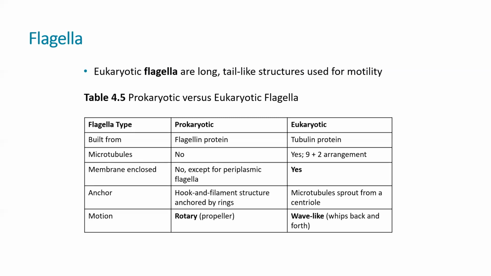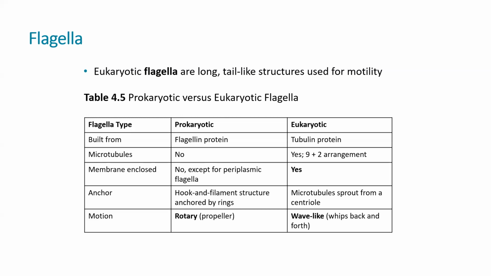Those microtubules in the eukaryotic flagella form a 9+2 arrangement. We'll see that in a minute. Another interesting thing is that they are completely membrane enclosed, whereas in prokaryotes, the flagellum just extends out through the membrane and does not get enclosed by it.